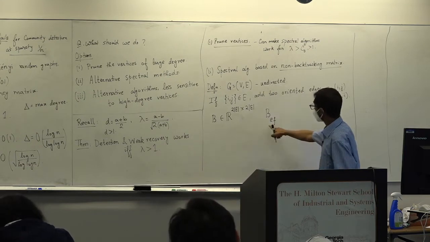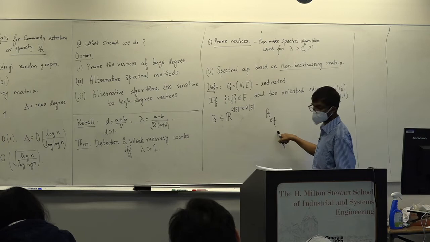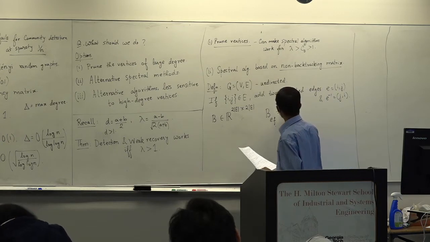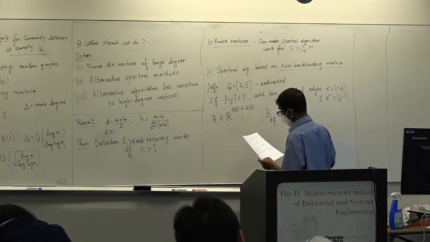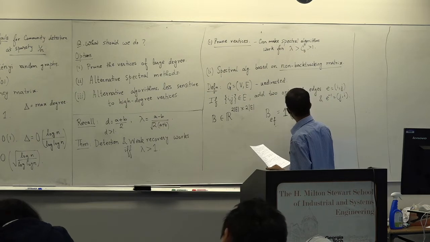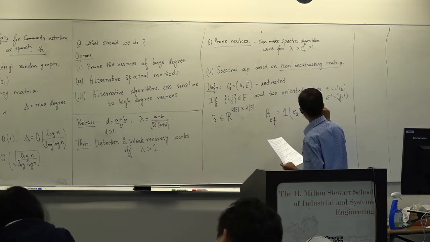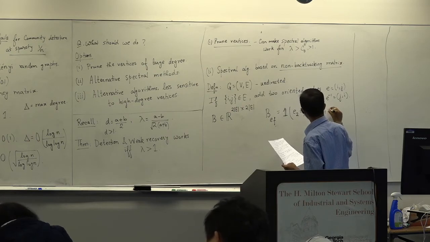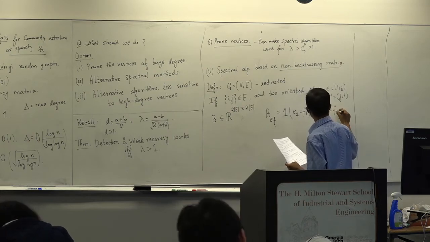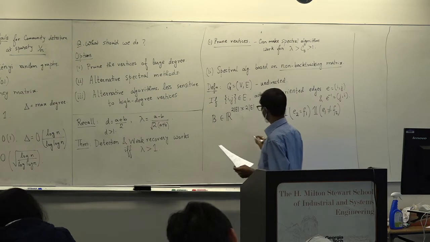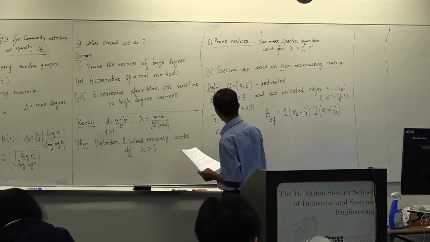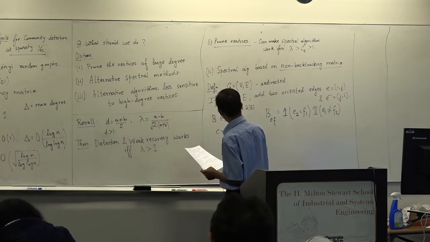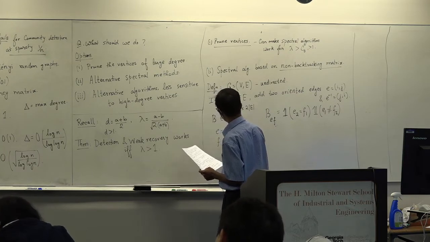So if I give you 2 directed edges, E and F, then the entry is the indicator that E2 is F1 times the indicator that E1 is not F2, where these subscripts essentially indicate the 2 endpoints of the directed edges.